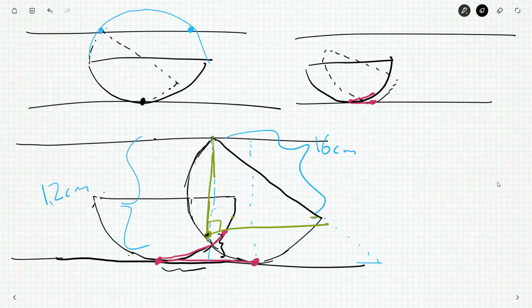I suppose this distance here might be important. And so if I called that, say, H, then this is going to be 12 minus H. And this can be determined in terms of H. Does that actually help me? Not especially.